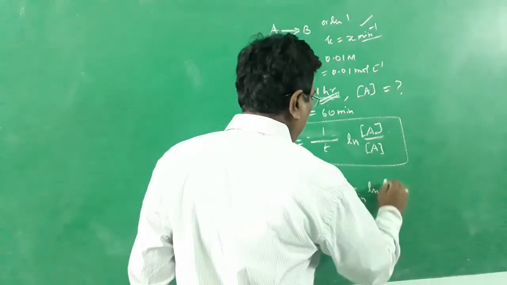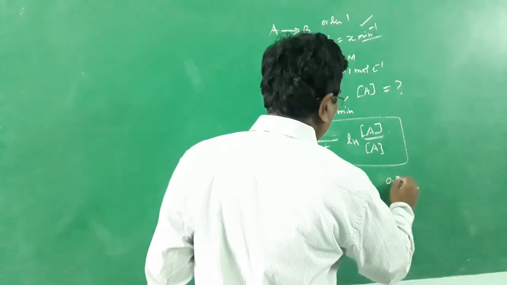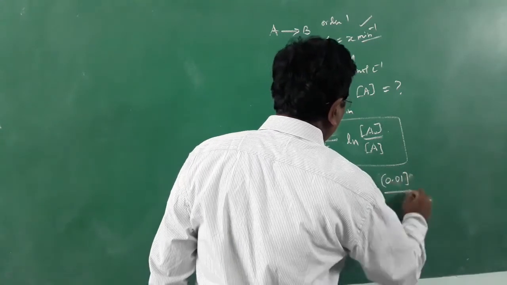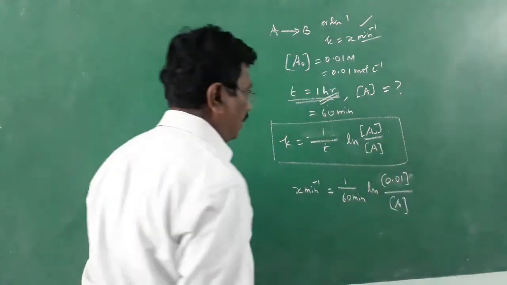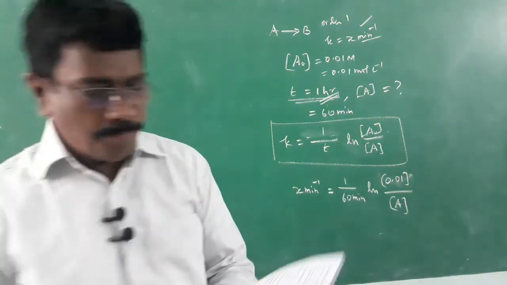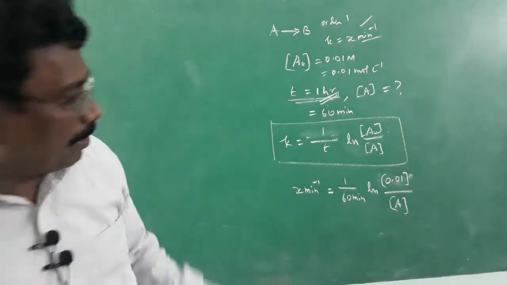And ln A naught, what is the value of A naught? 0.01 mole per liter. So ln of 0.01 divided by A, where A is the concentration of A. They are asking the value of A, given in terms of e power something. That point we have to remember.